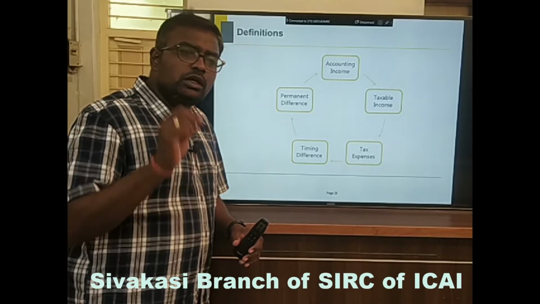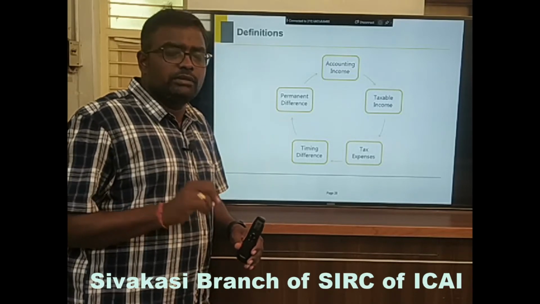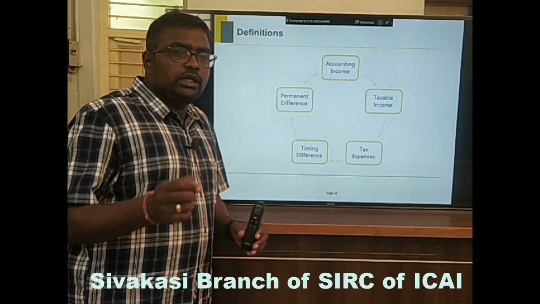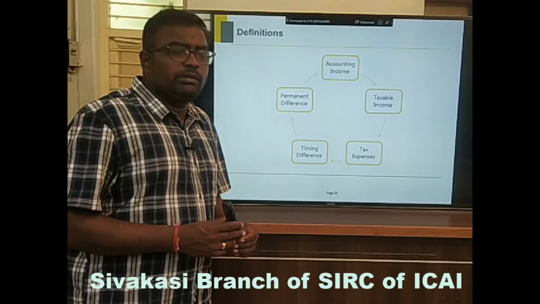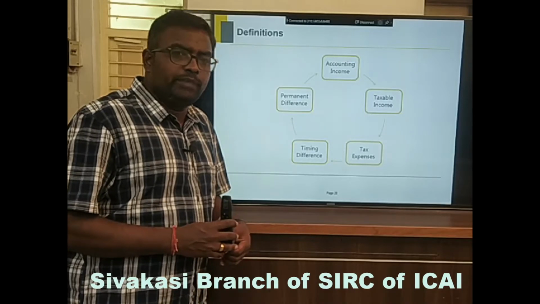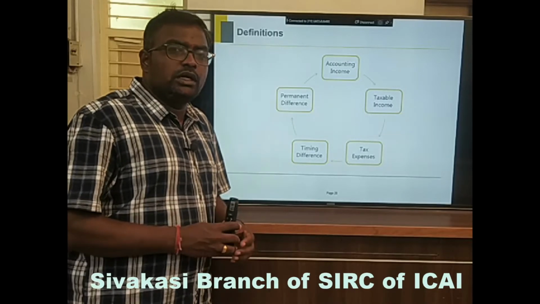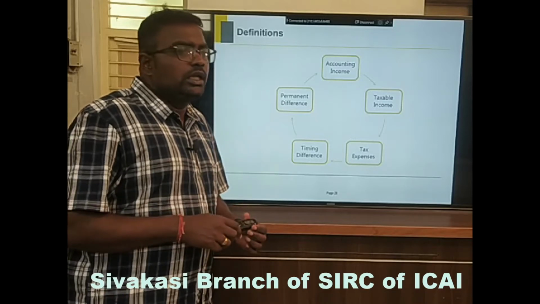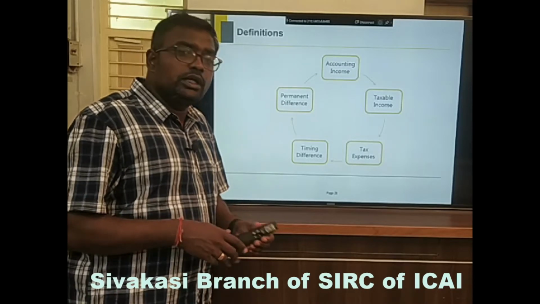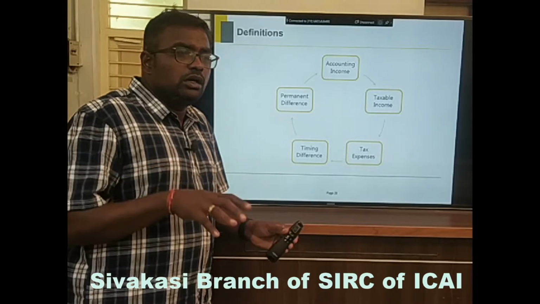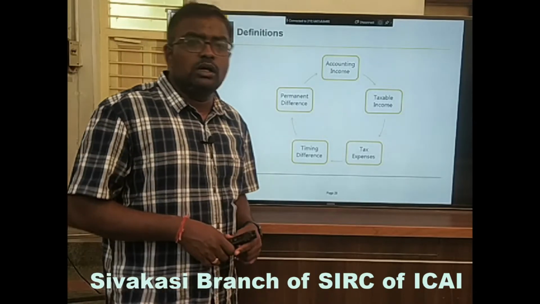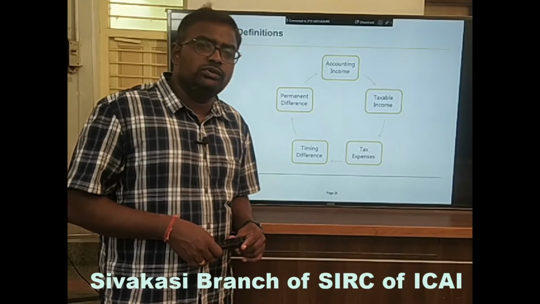Those bonus are not allowed under the Income Tax Act. Why? Because section 43B says bonus payments are allowed only on payment, like leave encashment allowed only on payment, like interest on loans allowed only on payments. But under the Companies Act, I have to follow the accrual concept, so I have to accrue for bonus.